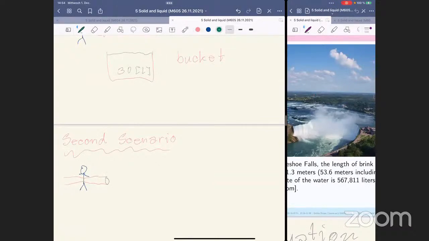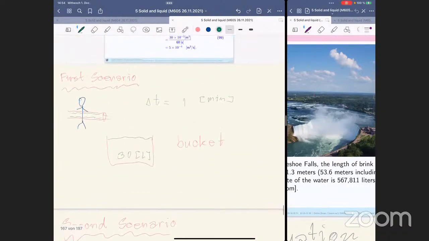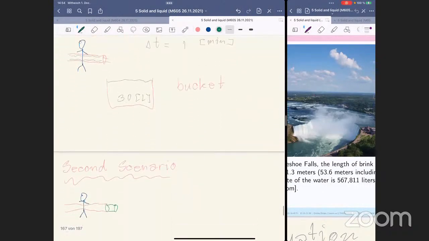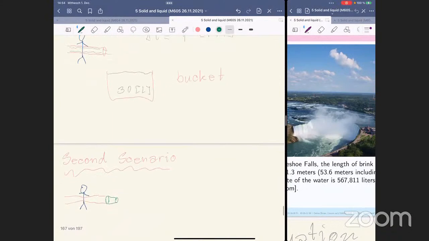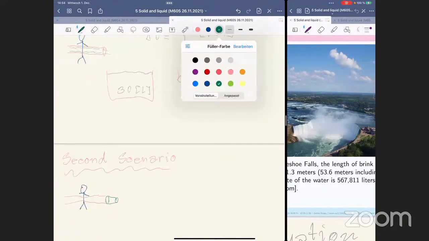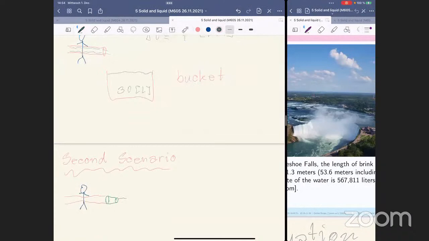It's called a nozzle, a piece made of metal or something like that. And this nozzle should have a gradual shape, like that. And the water is gonna flow out of this nozzle.